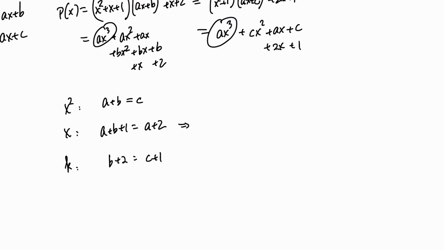We can use the middle equation to get b plus 1 equals 2, or b equals 1. So here we plug it in, we get 3 equals c plus 1, or c equals 2. And here we get a plus b, or a plus 1 equals 2, or a equals 1.